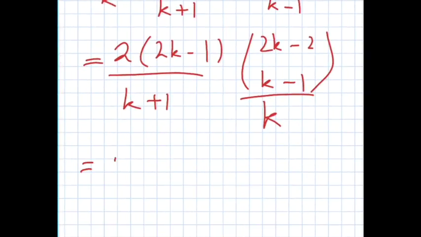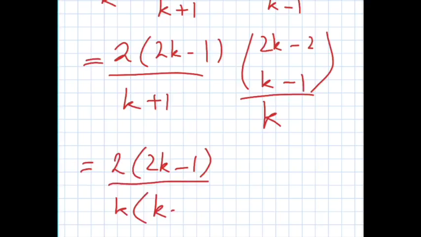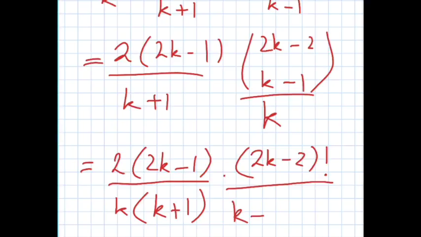Then I can say 2 times 2k minus 1 over k times k plus 1 times 2k minus 2 factorial divided by k minus 1 factorial. And what is the difference between 2k minus 2 and k minus 1? 2k minus 2 is twice k minus 1, so the difference is also k minus 1 factorial.